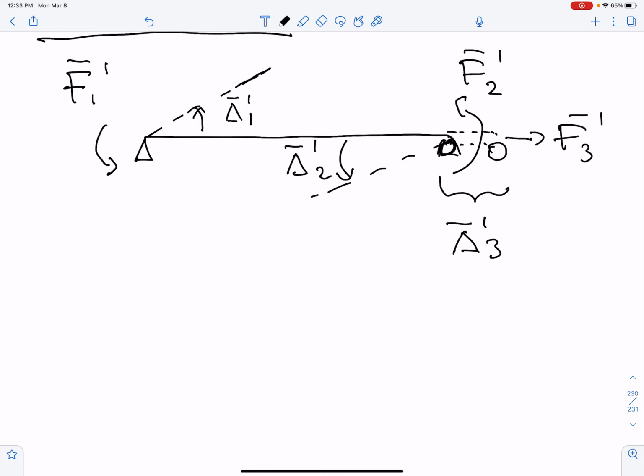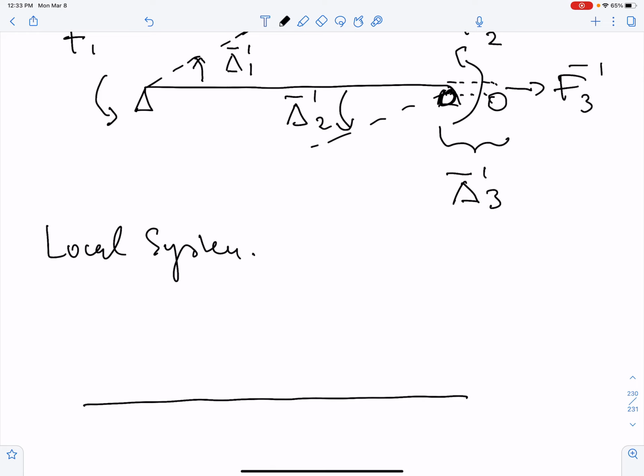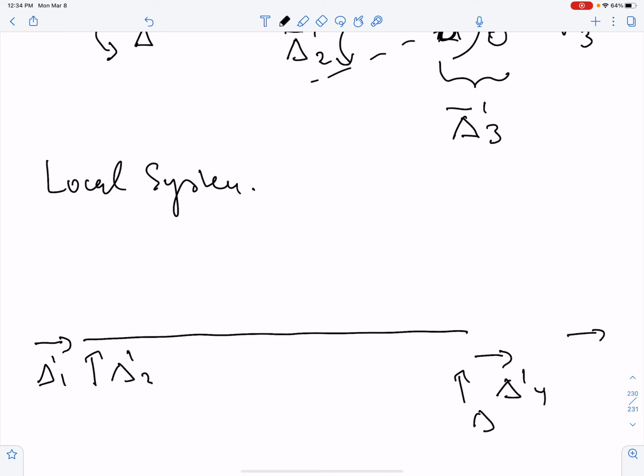Now, let's go to the local system. In the local system, we have an element, and that element can develop the following displacements: delta prime 1, delta prime 2, let's skip the rotation for a second, delta prime 4, delta prime 5.